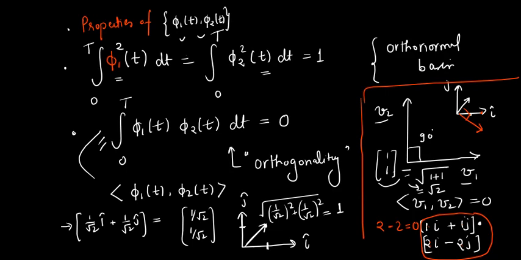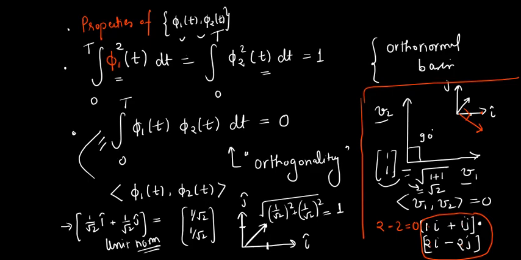What will you say? Unit norm. Norm means, for a 2D vector, norm is length. Anyway, for the waveform case, what happens?